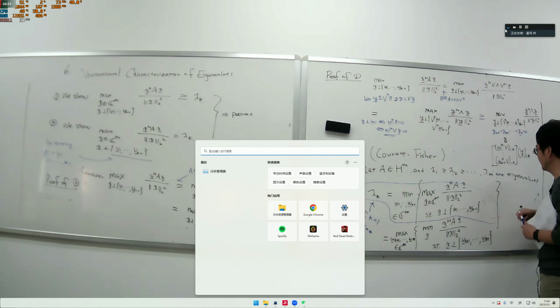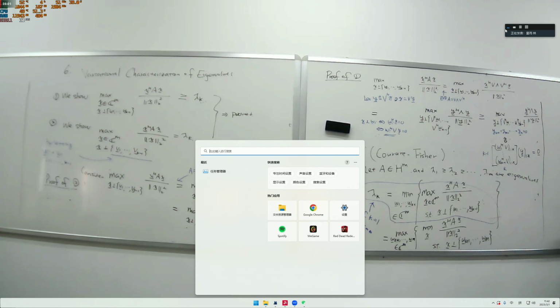This is a k minus 1 times k matrix, and y is in its null space. The dimension of the null space is greater than or equal to 1, so this set is non-empty.